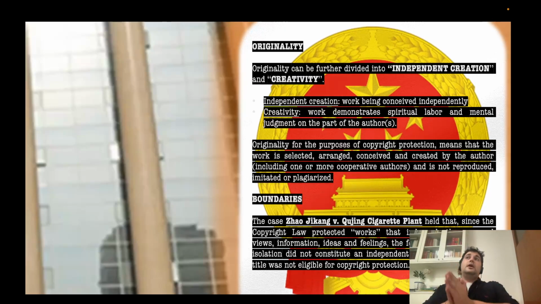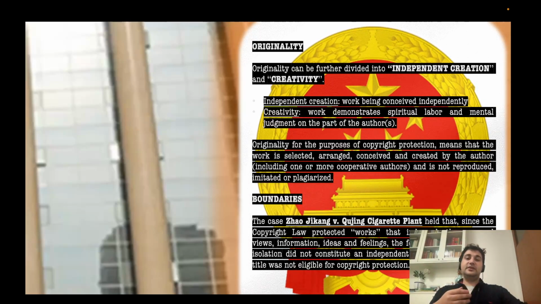Okay, while in the EU we have seen that there is an accent, in the Infopaq and Funke Medien cases and so on, that there is a much more interest into what is called the positive role of the author. So the author has the positive role of making choices related to that work.